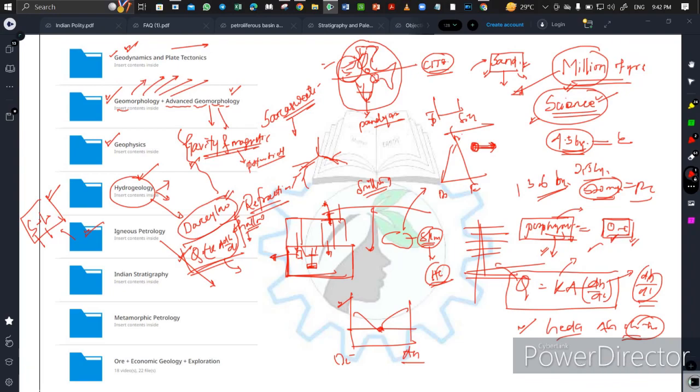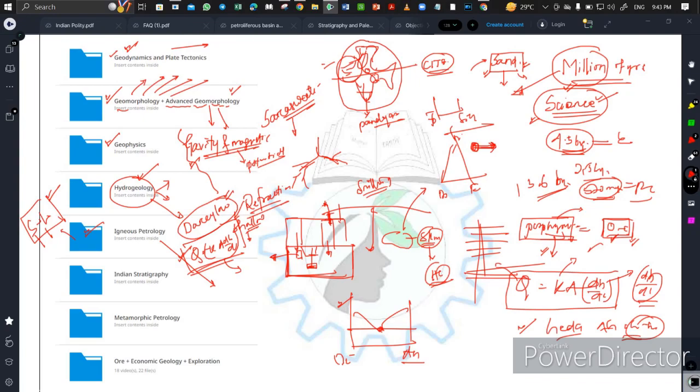If you are crystallizing something, you are just dropping the temperature, then how will the liquid crystallize into solid? And if two or three or multiple solids are present inside the liquid, then when they crystallize, what will be the sequence of crystallization?